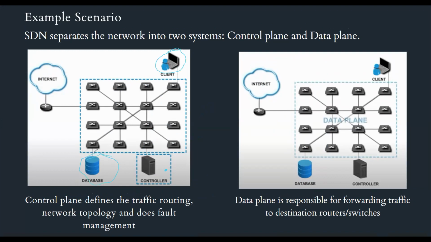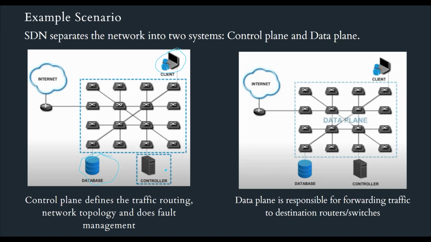He wants to access this database and maybe store his information, as I mentioned before. If we consider an IoT application, the IoT client or device will send the data from that end to the database. In order to send the data, they will use SDN architecture.